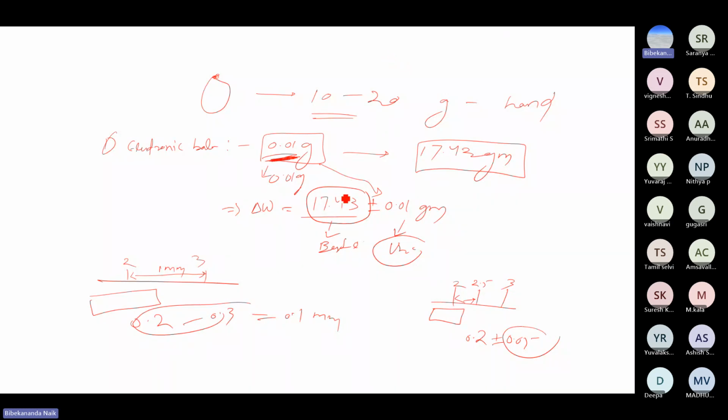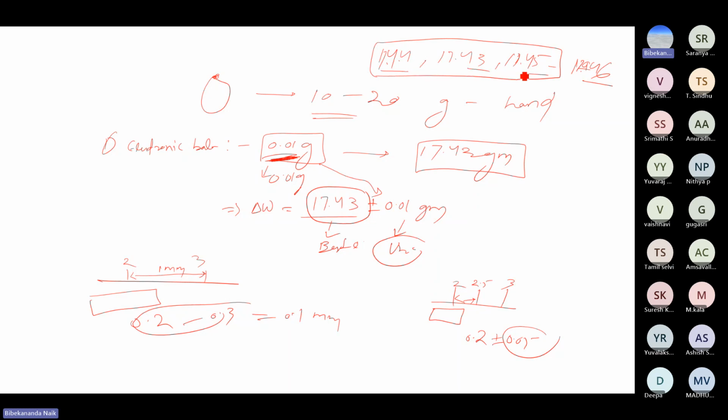Suppose we measure the weight of the ring several times. In one case it was 17.44, then 17.43, then 17.45, like that. Suppose the readings are 17.46, 17.45, 17.43, 17.44.